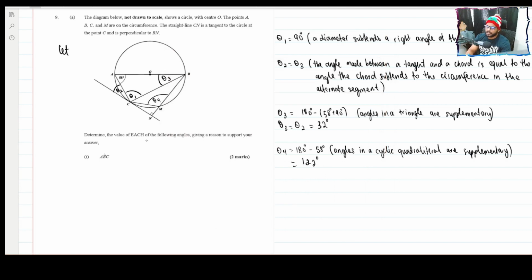And because I get this as 122, I can actually calculate what theta 5 is. So theta 5 is equal to 180 take away 122 degrees. And this will just give me 58 degrees. And the reason is angles in a straight line are supplementary.